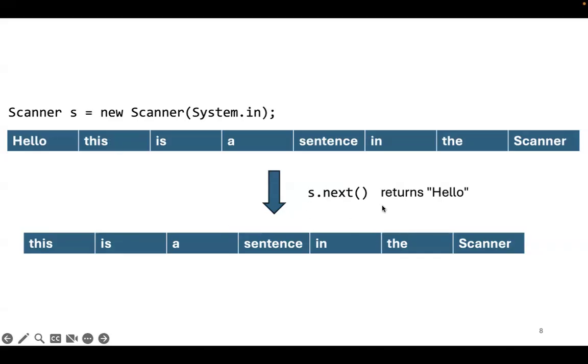When I call s.next, which just returns the next token, the first token is hello. And so s.next is going to take hello, remove it from the scanner, because now we've processed it, and then return it. This is something you'll practice in lab 3 a bunch: once we call s.next, it grabs the next thing, removes it, and returns it.